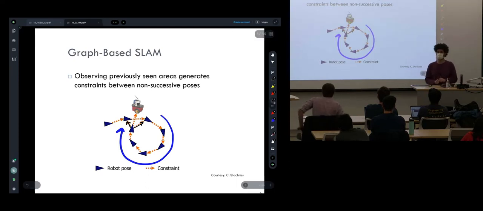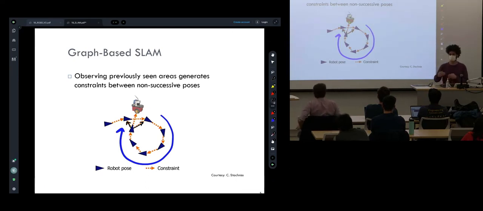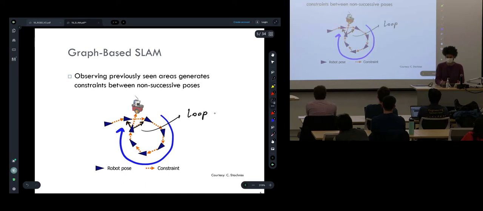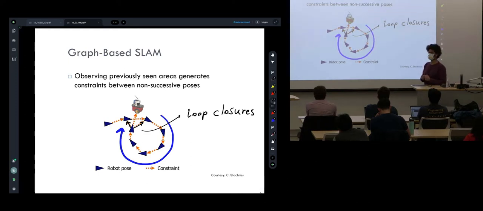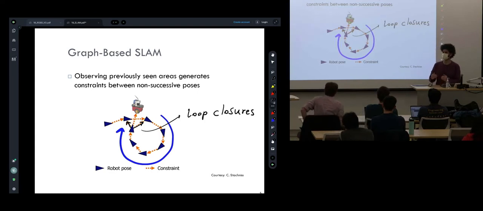These are not constraints that are temporally sequential. These are called loop closures. As you see, the robot is closing a loop. Loop closures add information that we need for removing the drift from the trajectory.